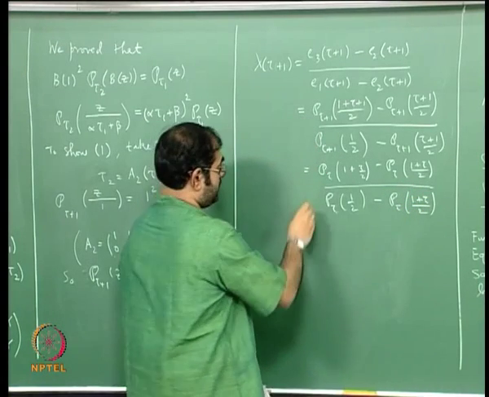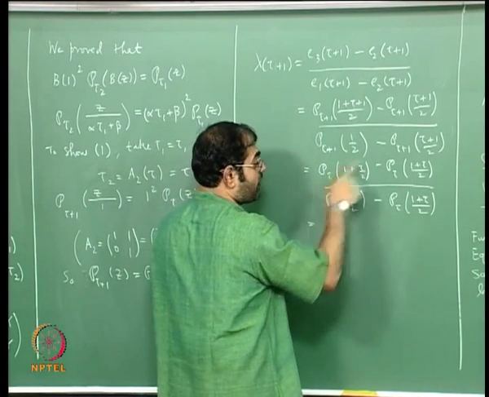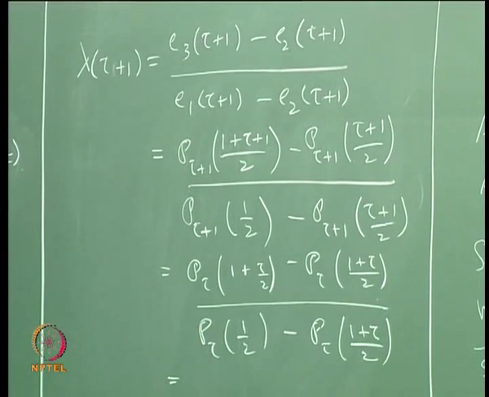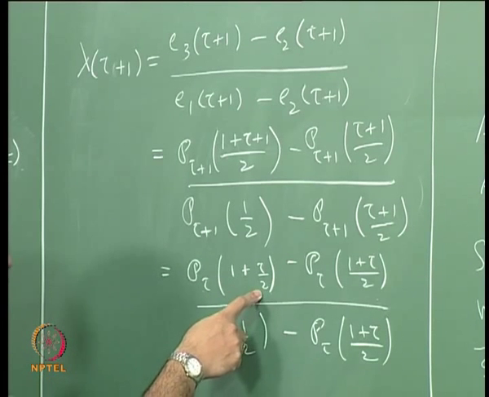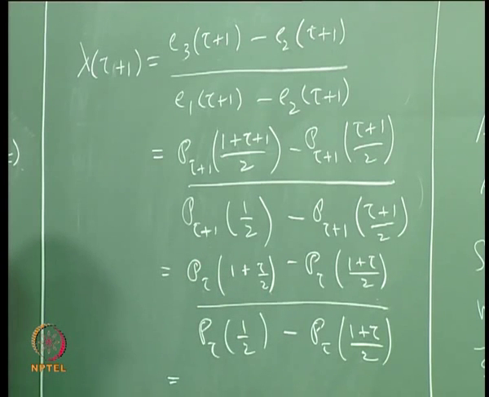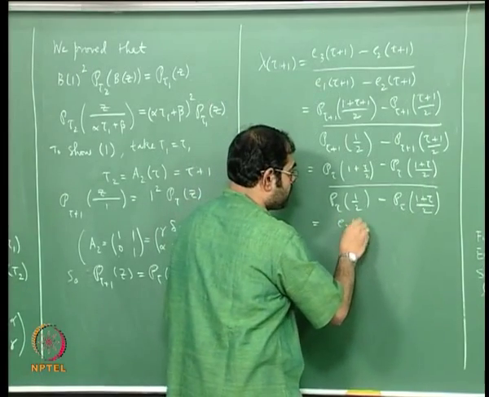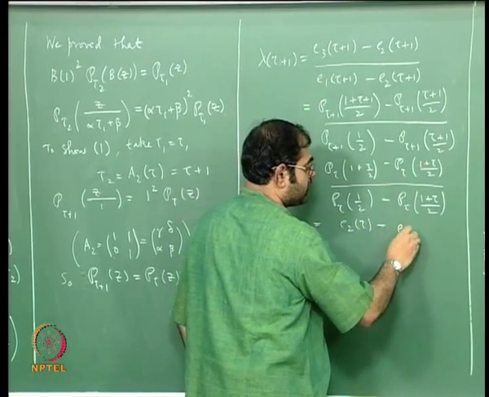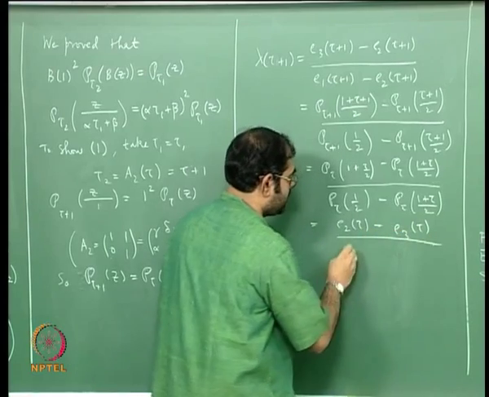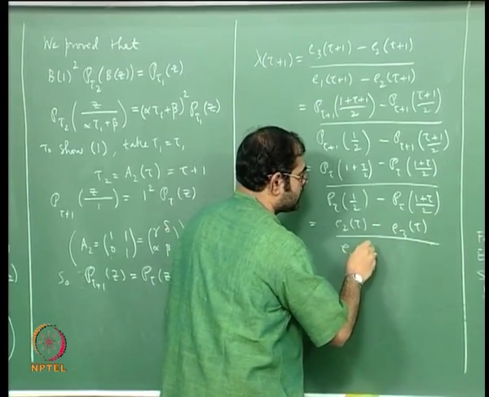And you can recognize that the phi function is periodic with respect to 1 and tau. So p tau of 1 plus tau by 2 is p tau of tau by 2, and p tau of tau by 2 is E2 of tau.